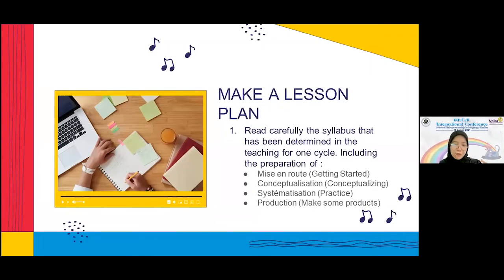So I have to determine what kind of competence I would like to teach today, and that's preparation, including the preparation of mise en route, or what we know as getting started, how to start a lesson, and then conceptualization for conceptualizing a grammar, and then systematization or practice, language practice, and then production, make some products, make some presentation with the grammar things.